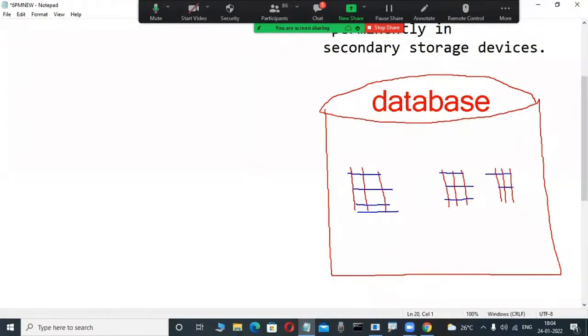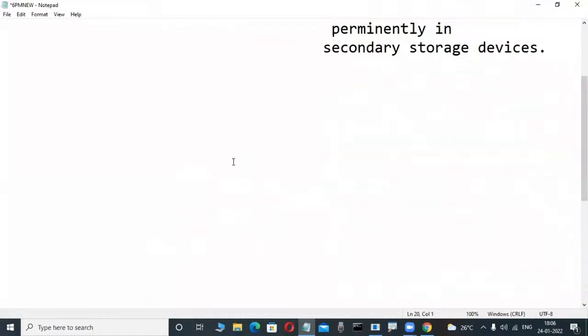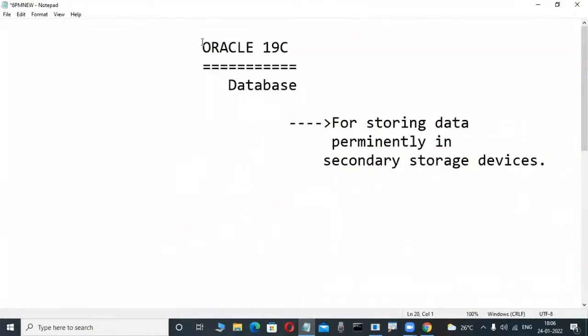Observe here, a structured collection of data is always stored in these databases, in an organized fashion. Once the data is structured, for handling and operating this data, which language? Very good, SQL, structured query language. That's why these databases are implemented based on the relational data model.